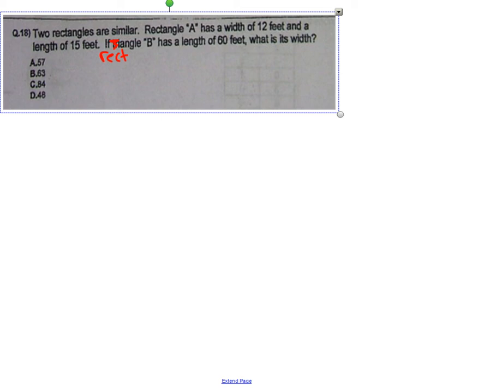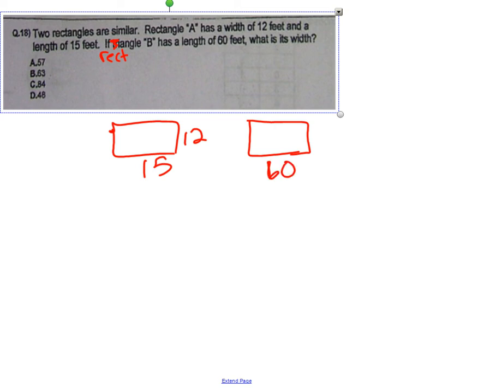So we can start off, we can draw this just because it never hurts to draw a picture. So the width is 12, the length is 15. So this has a length of 60, which means 60 needs to go with which side? On the bottom. It's got to go with 15. And we're solving for what is this width?